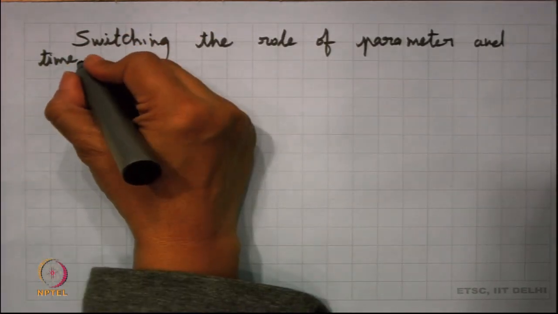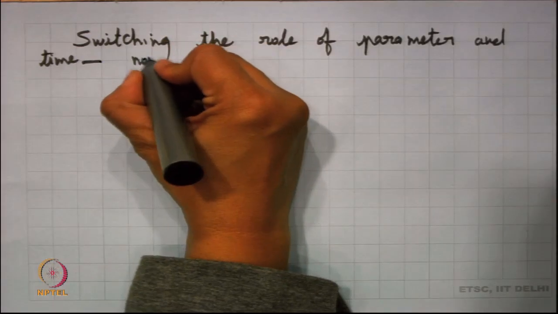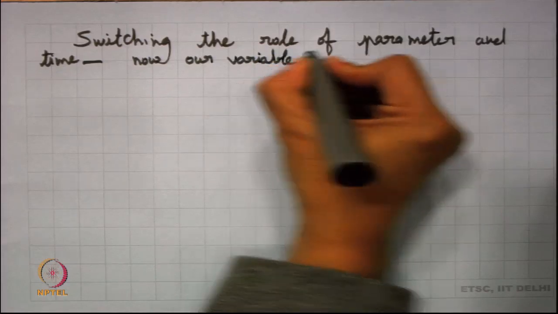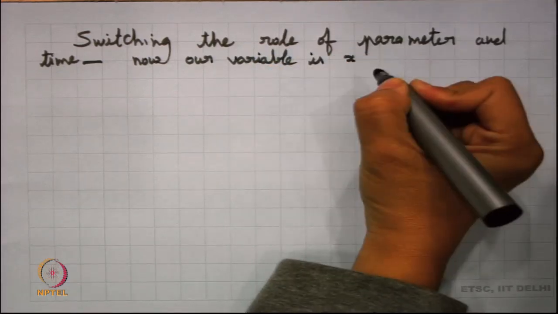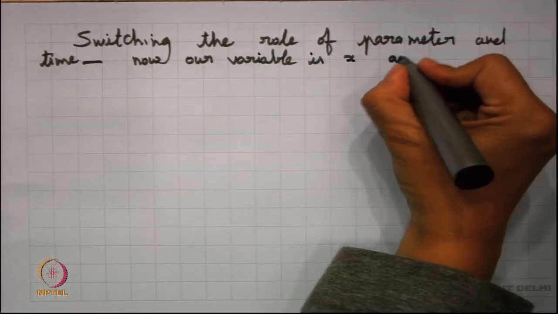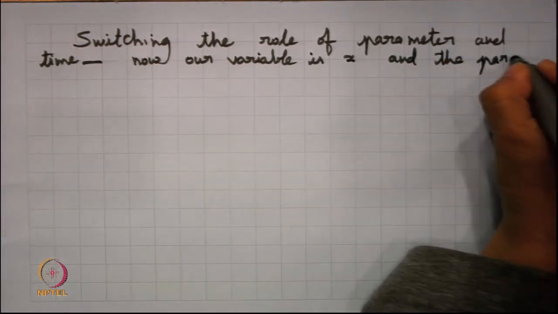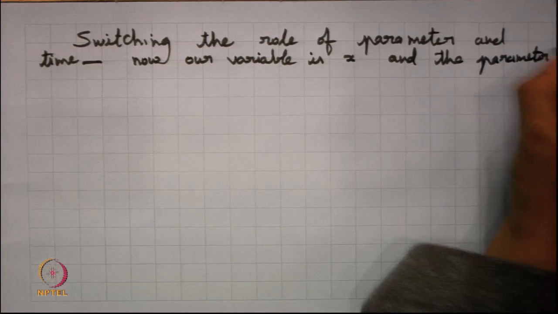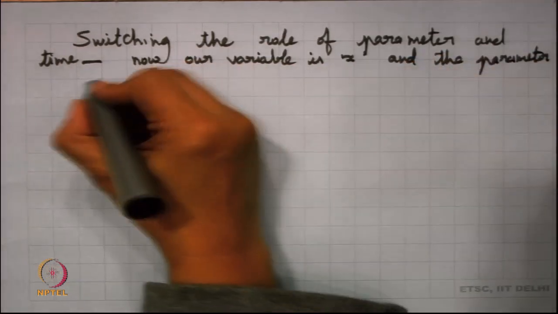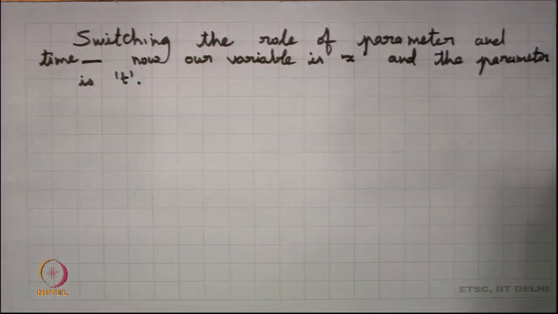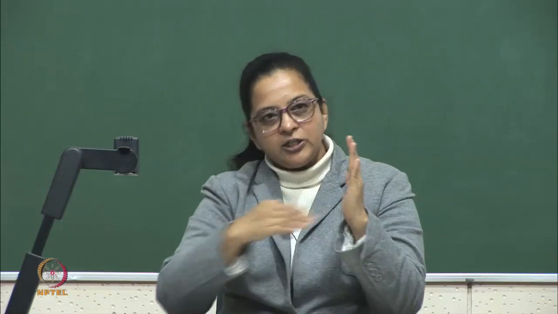What do we get here now? Now our variable is x, and the parameter is t. So now with this, we can think of keeping t fixed and changing x.